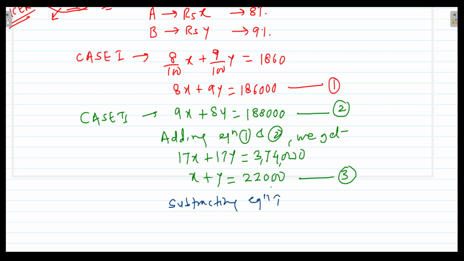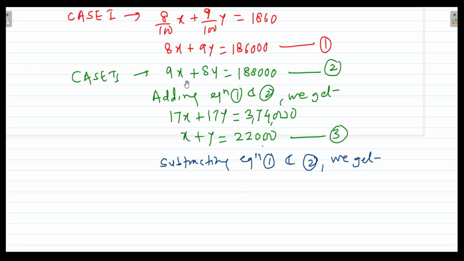You will get 8x minus 9x, that will be minus x, plus 9y minus 8y, that will be y, which is equal to 1,86,000 minus 1,88,000, that will be equal to minus 2,000. So this is equation number 4.